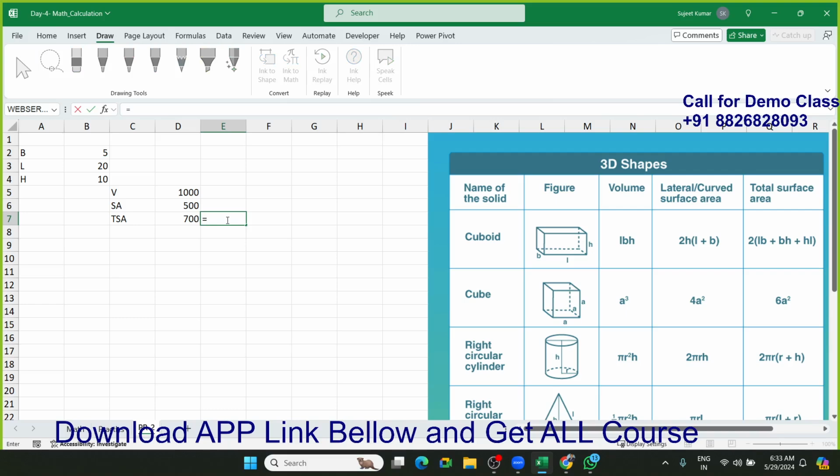So just like we have multiply by 2 in the bracket, again bracket, then L multiply by B, close the bracket, give the plus symbol, and second B multiply by H, then plus again bracket H multiply by L, and close the bracket and close the bracket and press the enter.